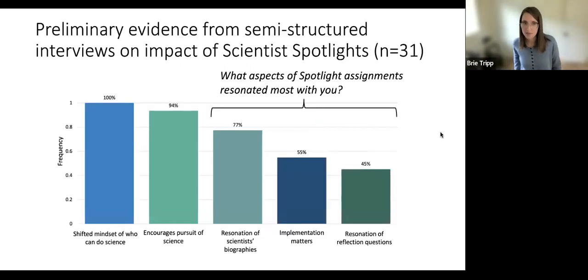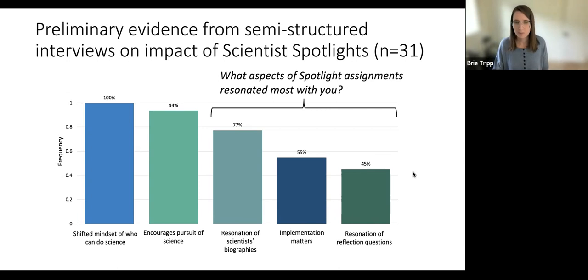We also did semi-structured interviews with 31 students. Some of our findings were that 100% of them shifted their mindset of who can do science, and 94% said they're much more encouraged to pursue science after experiencing scientist spotlights.